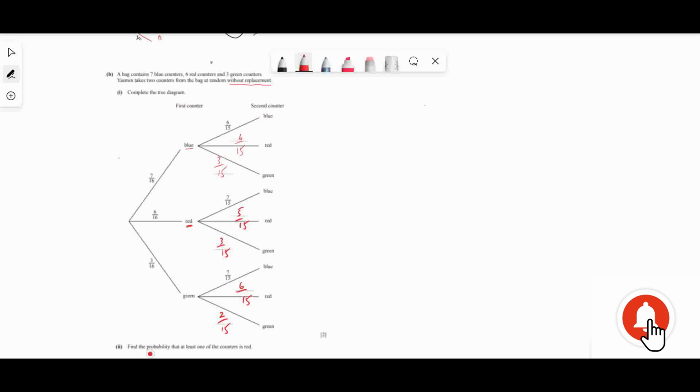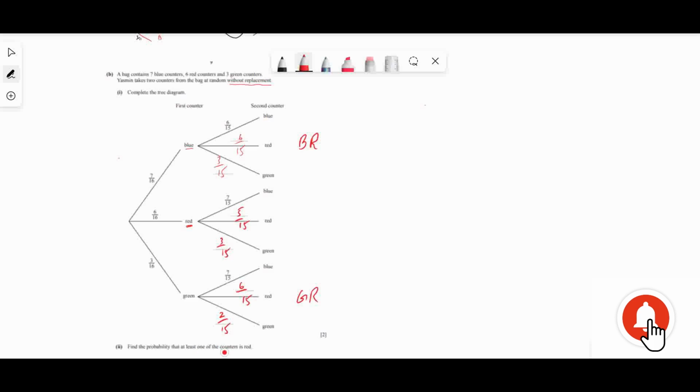That's it. Find the probability that at least one of the counters is red. Now we can see, let's ignore the remaining, one of the counters is red, so this will be blue and red. This will be one of the counters is red. This will be green and red, green and red.